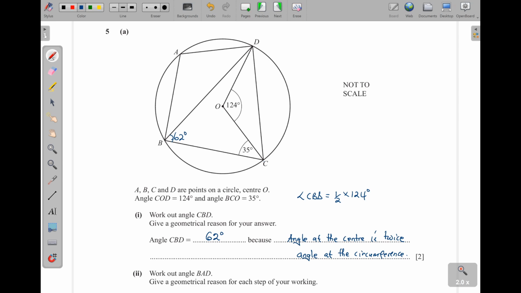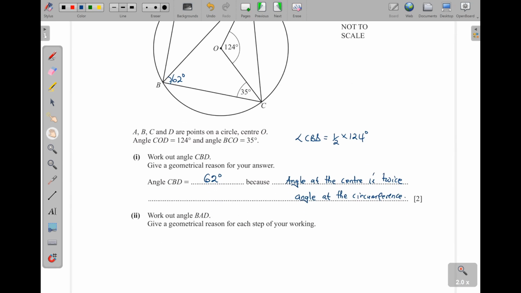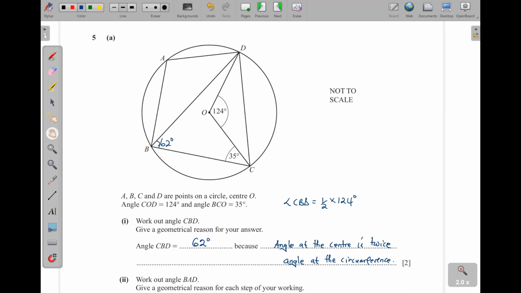Then next, Roman 2, they are saying that work out angle BAD. Give a geometrical reason for each step of your working. BAD. So where is our BAD? B, then AD. So that means we are looking at A here. They want us to find that angle.